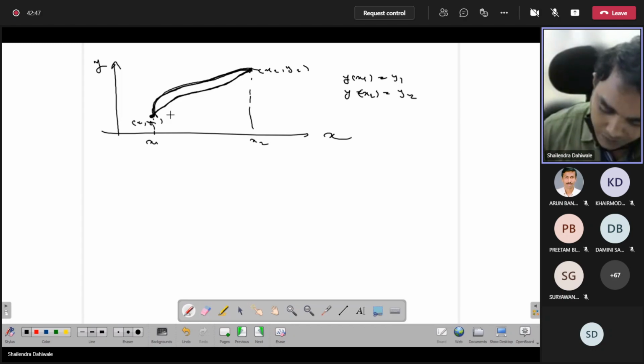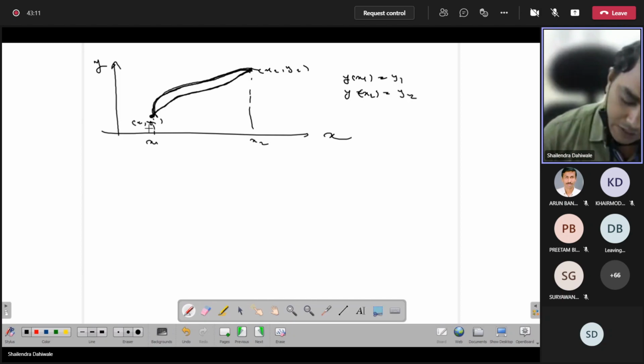So let's take the nearest neighbor path with an infinitesimal variation, with a parameter alpha.